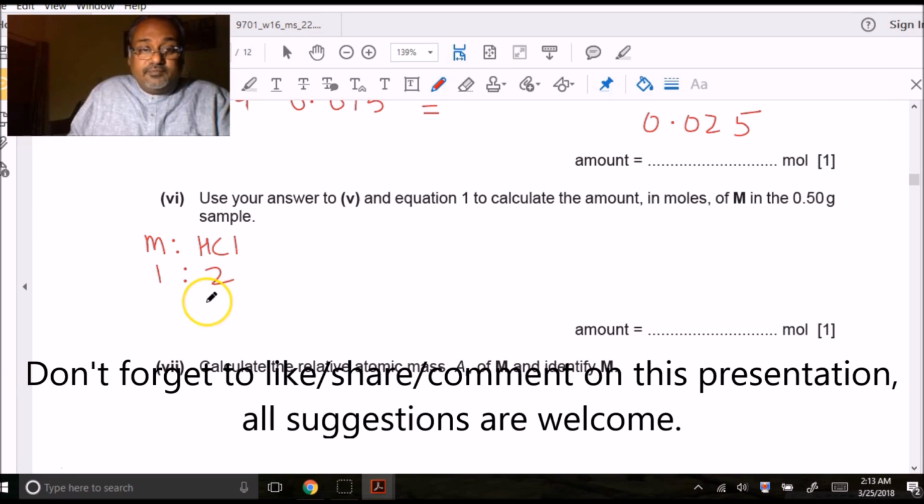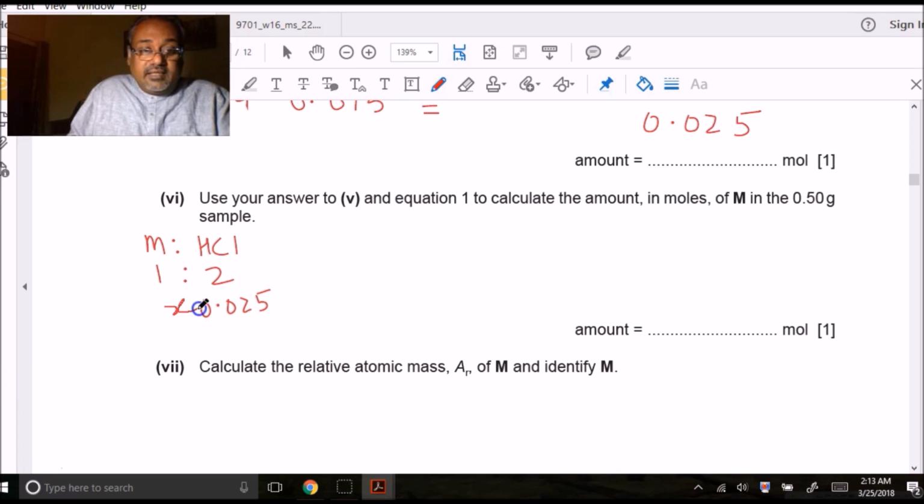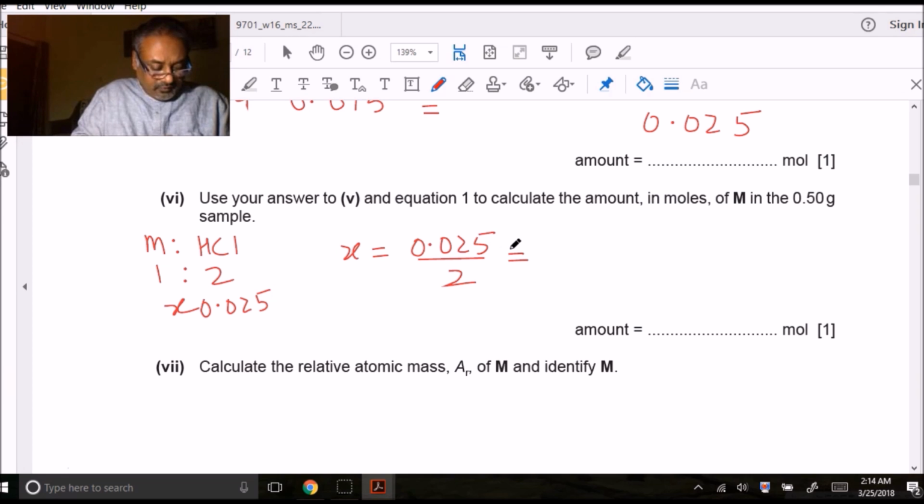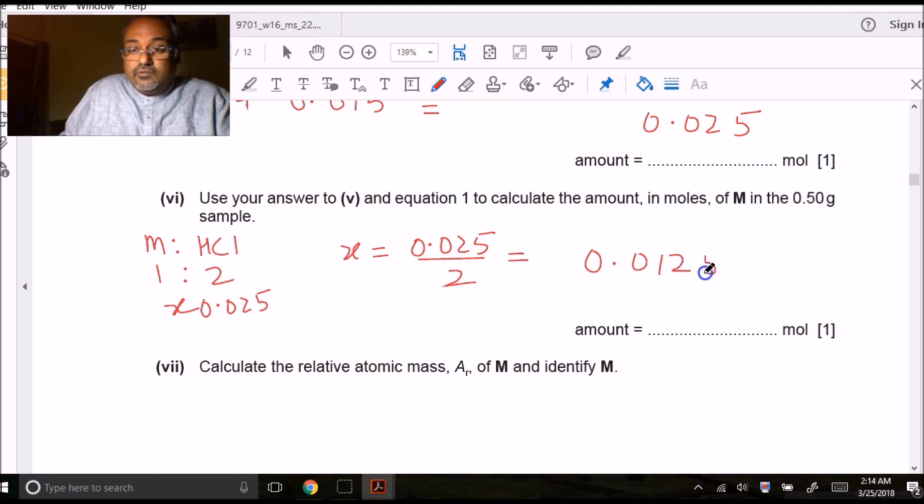So I have the acid as 0.025, so that's X. Which means X should be 0.025 divided by 2, and we get 0.0125 moles as the answer there.